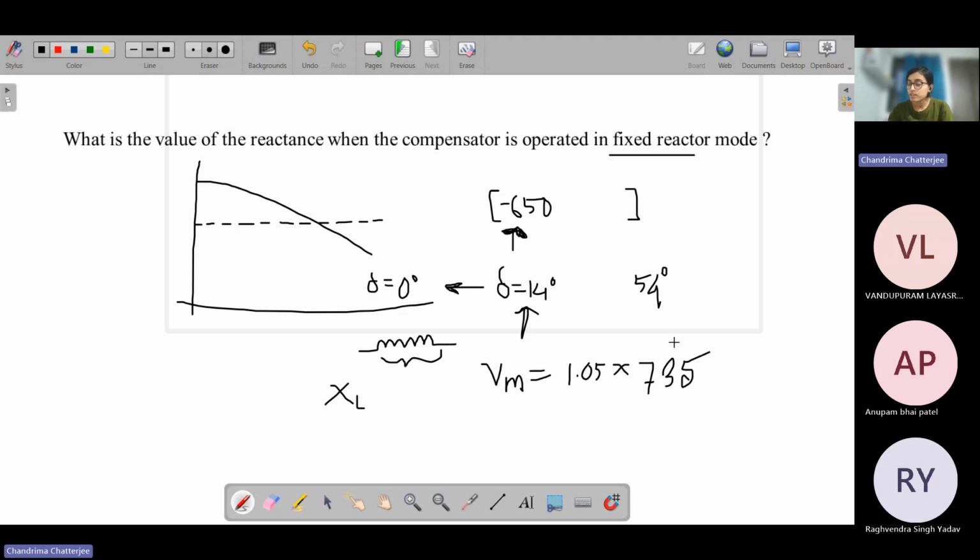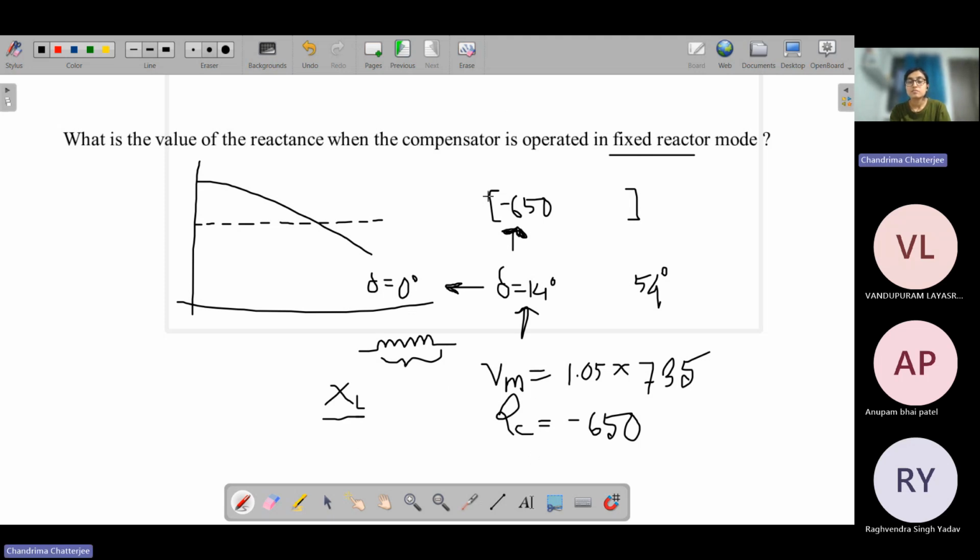And at this point we know what is the QC, or you can also say QL, whatever. This is inductive, so this is minus 650, right? Now can you tell how to find out this XL?